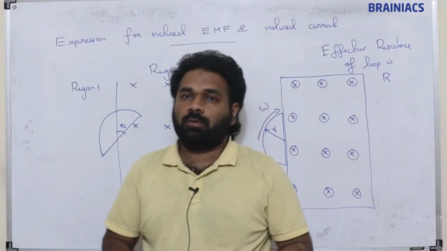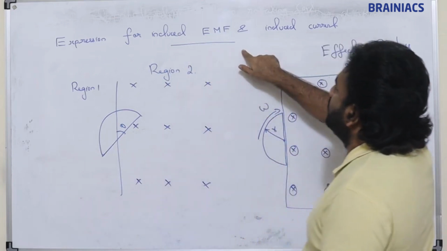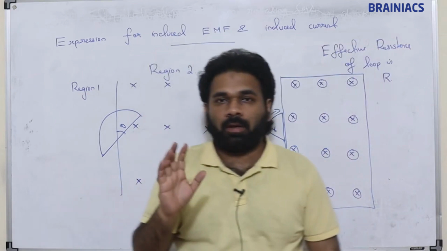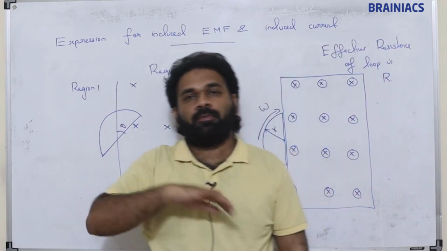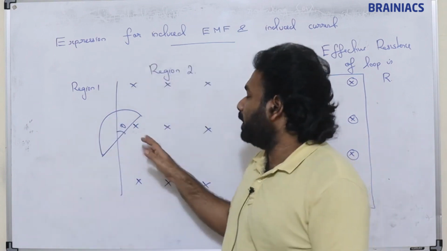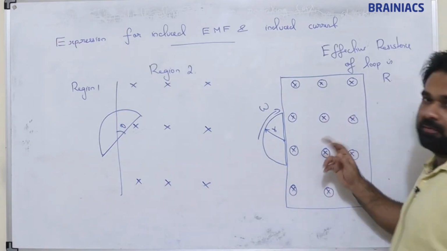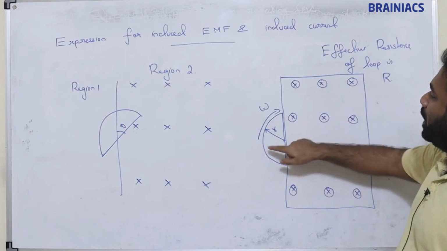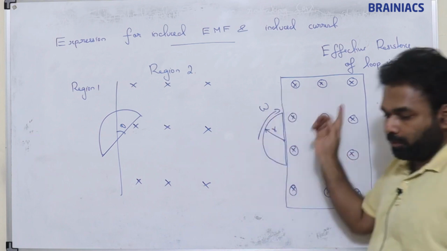Okay. So here children, see, this is another expression for induced EMF or induced current. Suppose a coil with a shape like this is rotated in the magnetic field. You see this figure. So this is a semicircular coil, and it is rotating, going inside, coming out.